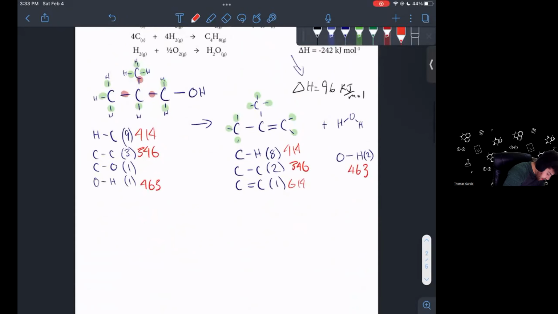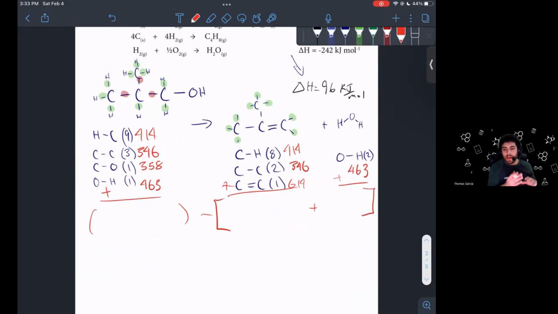So what I'm going to do is now take all these values. I'm going to add these up, and I'm going to add these up, and then I'm going to take the sum of this minus the sum of these. So this is pretty much it. But before we even do that, I'm going to take a couple shortcuts.